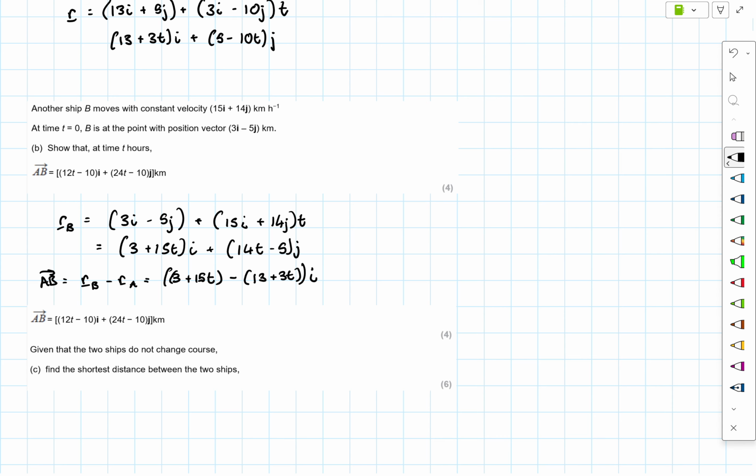So that's my i components, subtract my i components, plus my j components, subtract my j components.